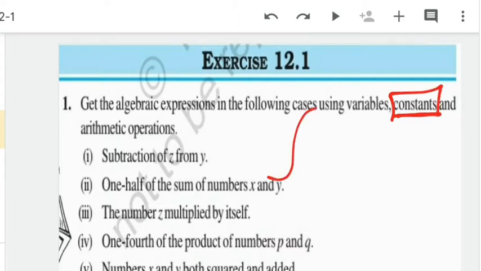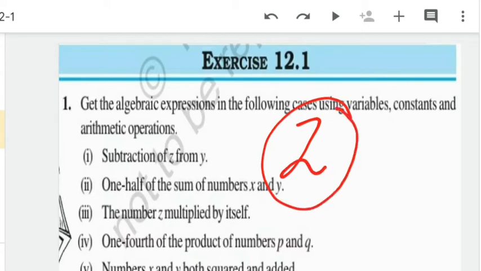Constant means fixed, whose value is fixed. For example, 2. The number 2 has a fixed value which is 2. For example, 4. Number 4 has a fixed value which is 4.